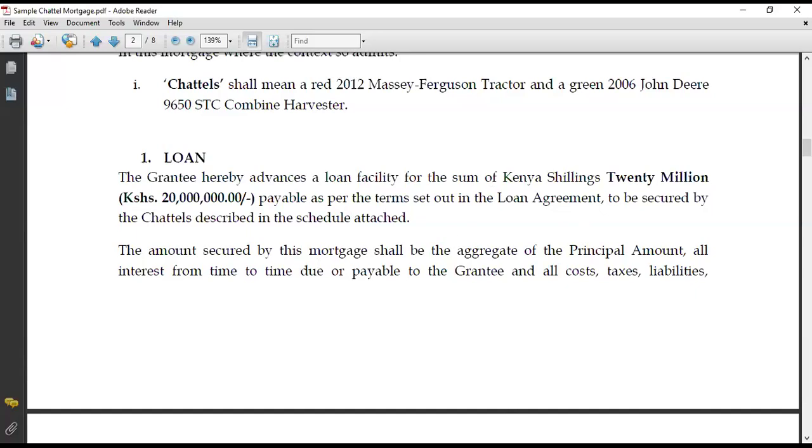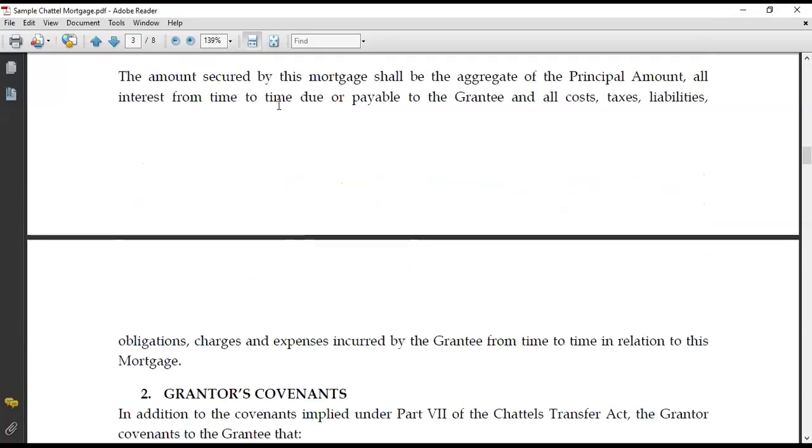Here they are talking about the trucks, and you give them names, very specific as you said. Then the amount secured, principal, interest. The amount secured by the mortgage shall be the aggregate of principal amount or interest from time to time payable to the grantee at no cost. So you must say that.